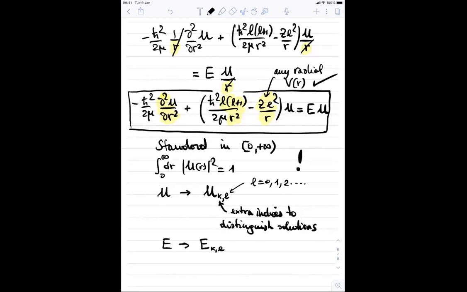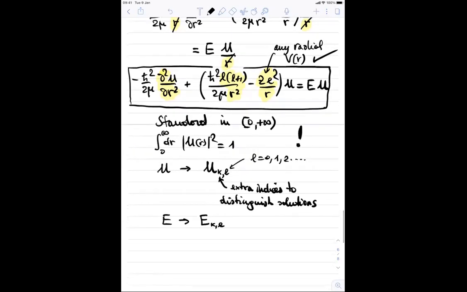You could put any radial potential there and the algebra would be totally identical. So far we have not exploited the fact. Okay, so remark: any V of R would give the same algebra.